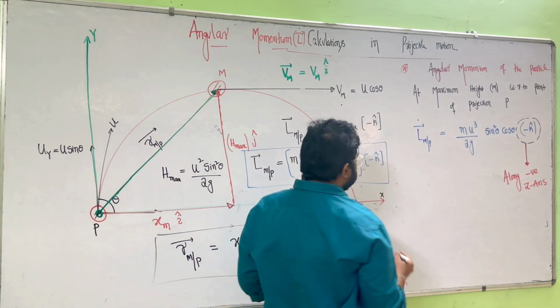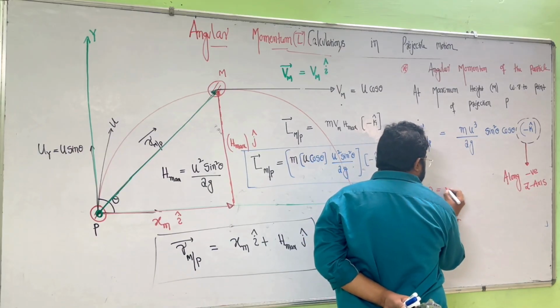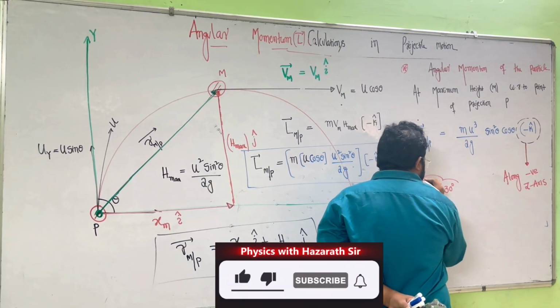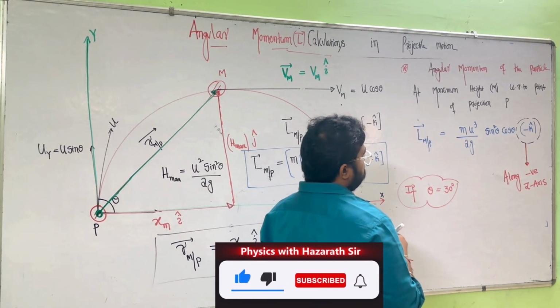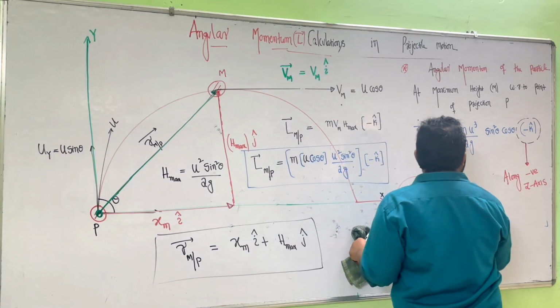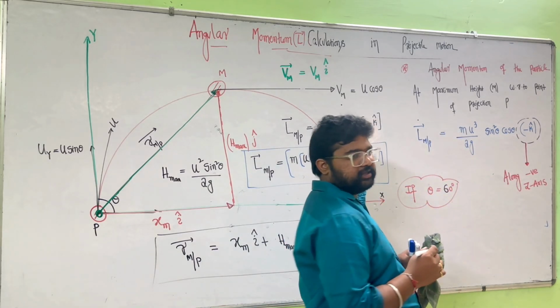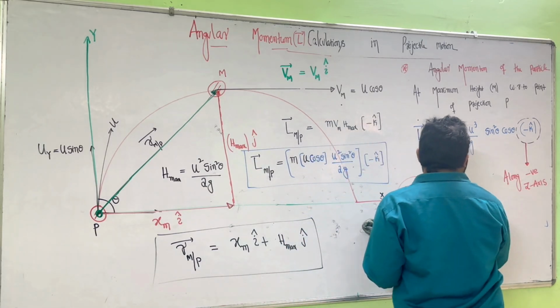If theta equal to 30 degrees, what you will get? If theta, point of projection, theta equal to 30 degrees, what is the answer? Tell me. Theta equal to 60 degrees you can take. Theta equal to 30 or 60, that is up to you.